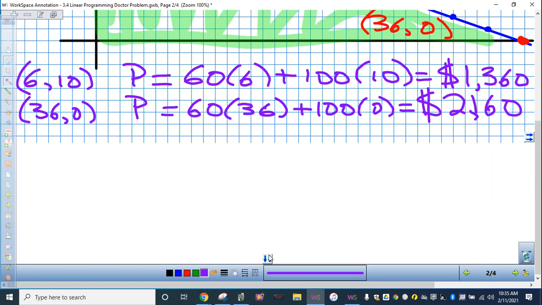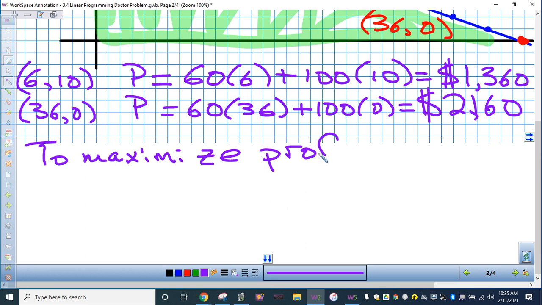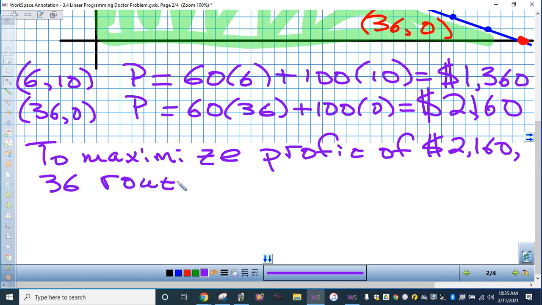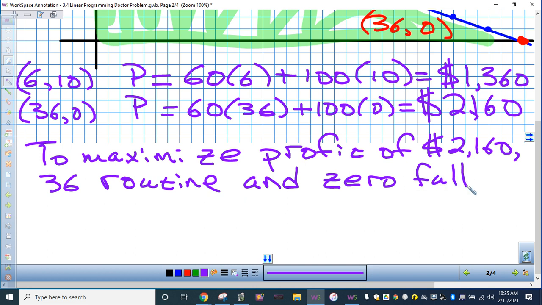So we got to write our little profit statement. So to maximize profits of 2160, the doc wants to do 36 routine and 0 full physicals.